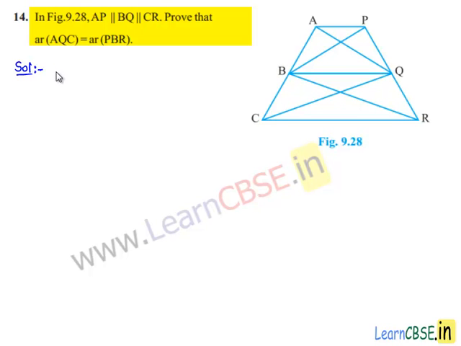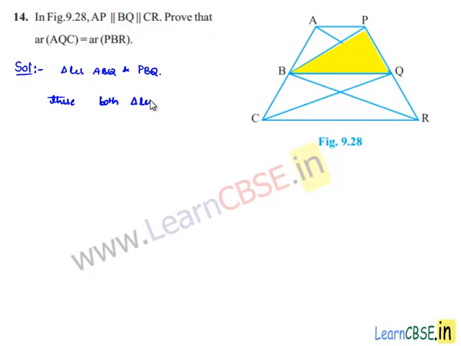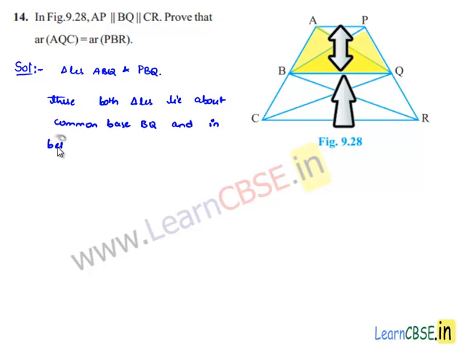Let us consider initially the triangles ABQ and triangle PBQ. These both triangles lie about the common base BQ and in between the common parallels AP and BQ.